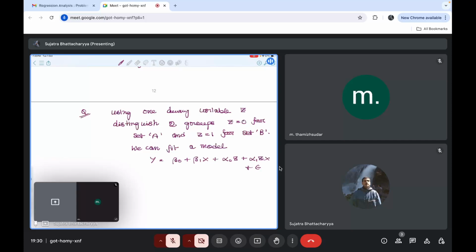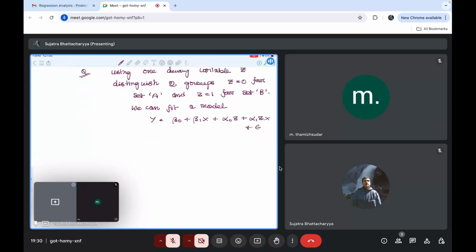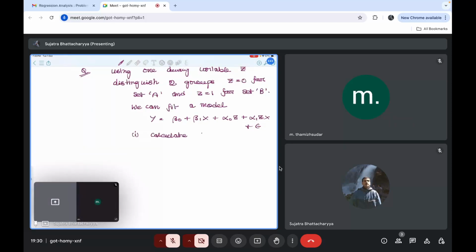You need to fit this, and the corresponding question is to calculate the least square estimate of beta 1 and alpha 1. So ultimately you have to find the beta hat.